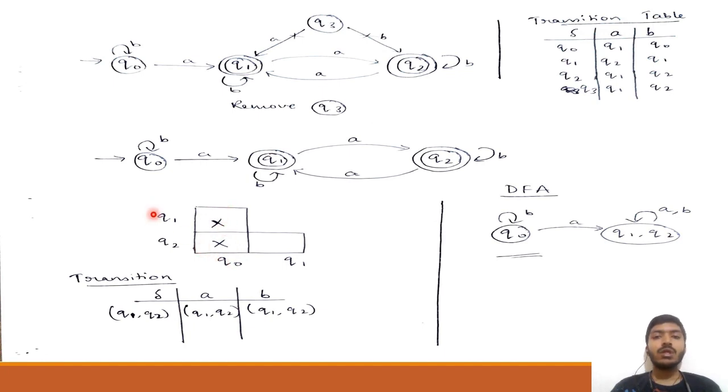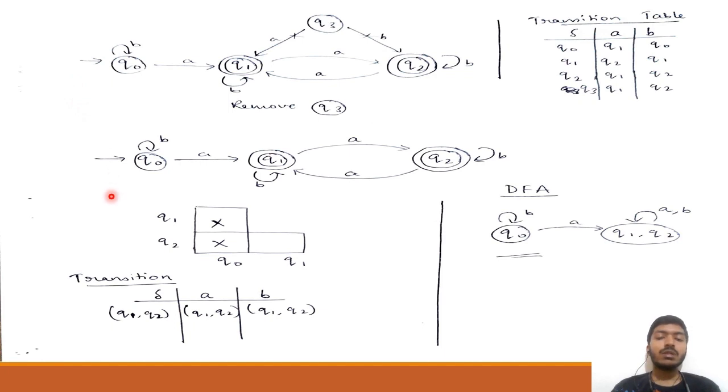So Q0 and Q1: Q0 is our non-final state and Q1 is our final state, so we put a cross over here. Q0 and Q2: again, Q0 is our non-final state and Q2 is our final state, so we put a cross there also. Q1 and Q2 are both final states and it isn't eligible for us to put a cross, so we leave it empty.